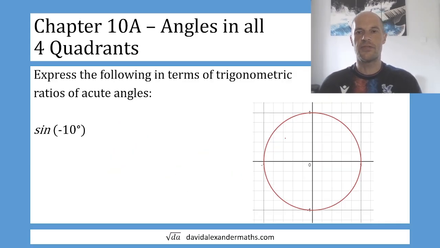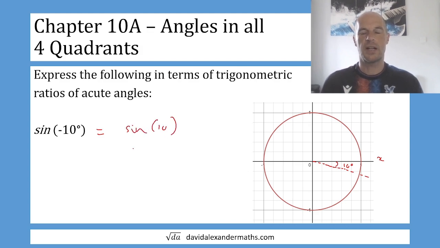Okay, the sine of negative 10. So if it's a negative angle, I need to measure it clockwise. So this is me creating an angle with the horizontal of 10 degrees. So the sine of negative 10 degrees, we can say that is the sine of 10 degrees.